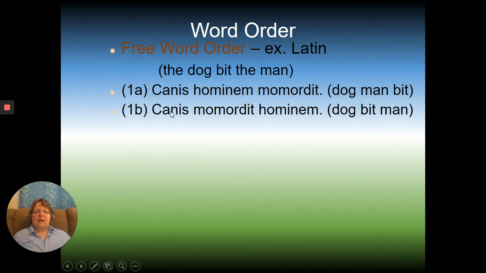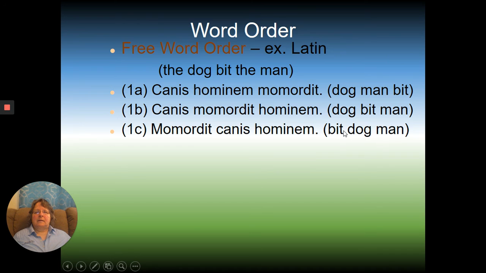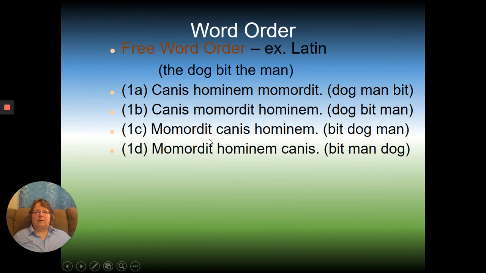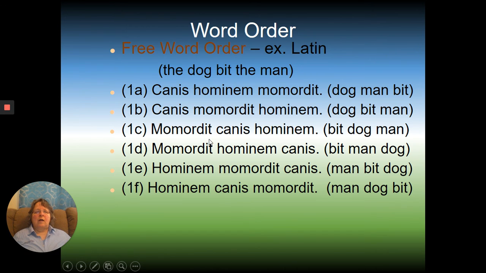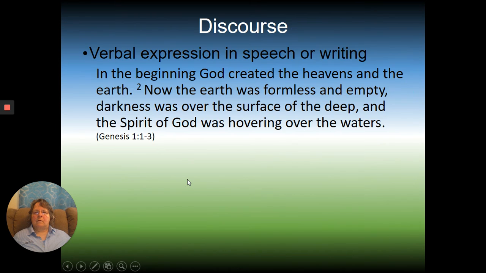Here we have dog bit man, and that has meaning too. Here again, it still means the dog bit the man. You can see we just have different word orders, different ways they can go, but it all still has the same meaning, the dog bit the man, because the words carry their own markers. Then we have different sentences and parts of sentences.